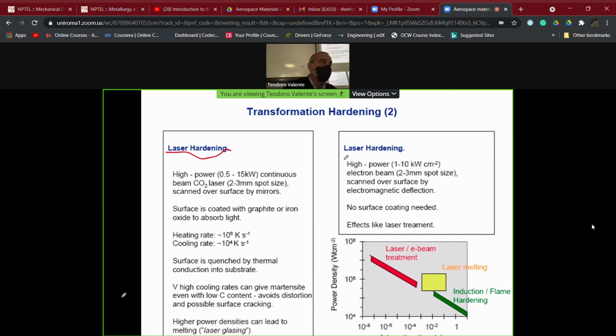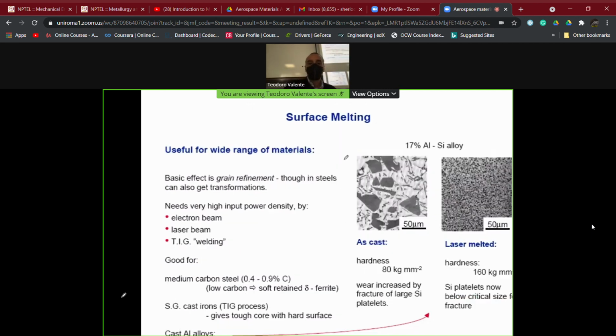That means changing all those properties which we have defined as extrinsic properties of the material itself, in this case extrinsic properties of the surfaces, because remember that extrinsic properties are those which depend on the microstructure of the material itself.